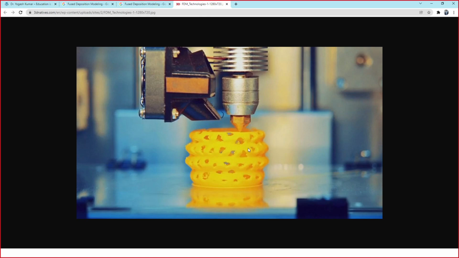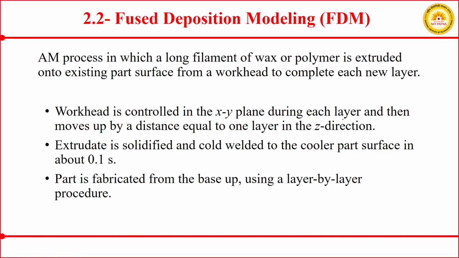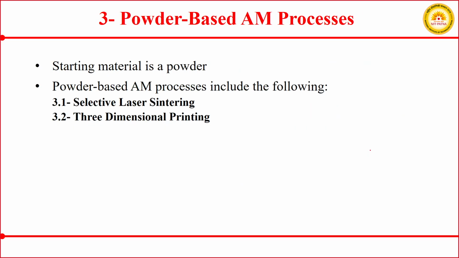So here, this is an example of fused deposition modeling. Here your material is being extruded through the nozzle, and it is getting deposited layer by layer depending upon the slice data that you have from your STL file. So this is how fused deposition modeling works.